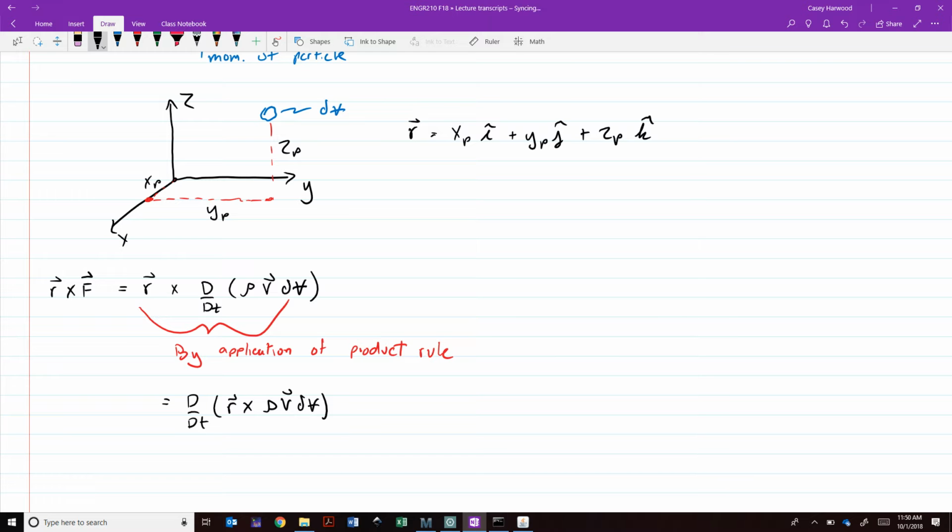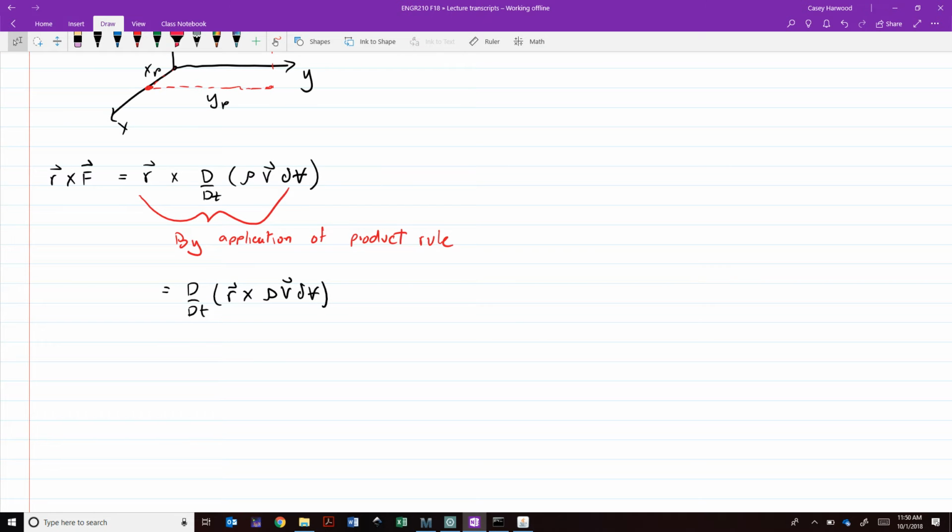Okay, this is important because now the moment due to a force on a particle is written in terms of the rate of change of some quantity. Okay, so we're back into conservation law territory, and this is going to head back towards our Reynolds transport theorem.